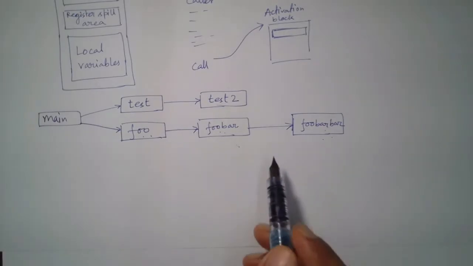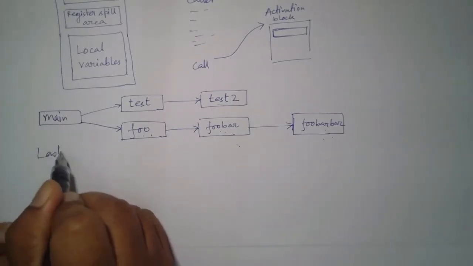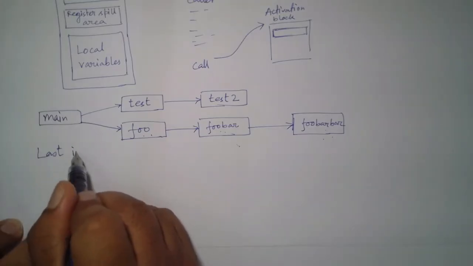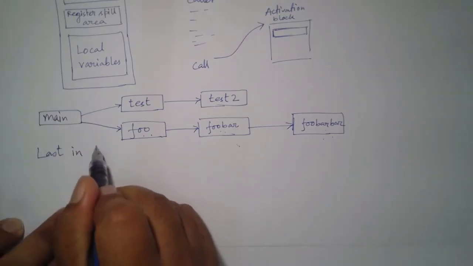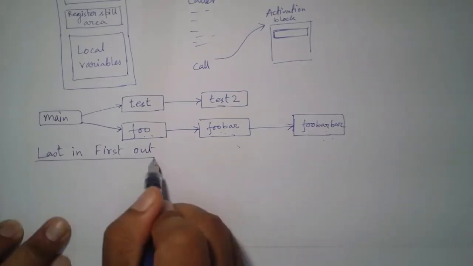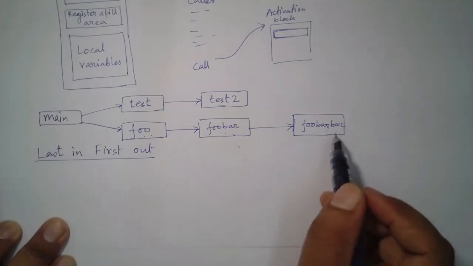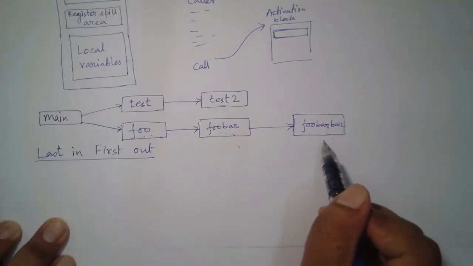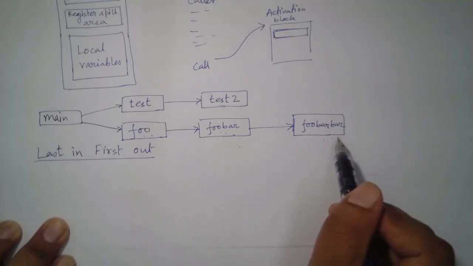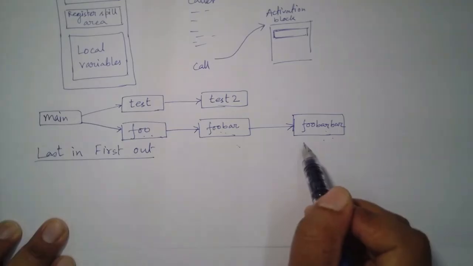So, here the thing to observe is that we are following some kind of a last in first out. So, the activation block for this foo bar is created last, and it gets reclaimed first.